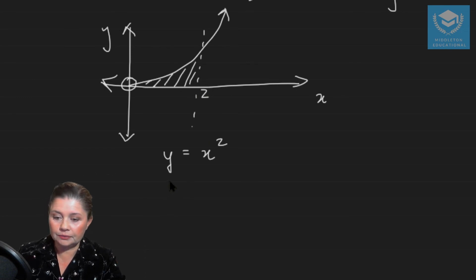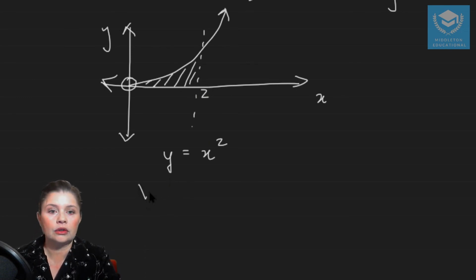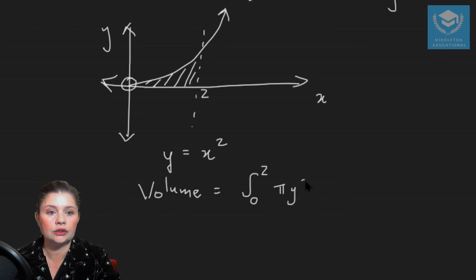So the volume is going to be the integral between 0 and 2 of pi y squared dx.